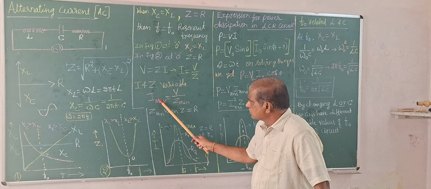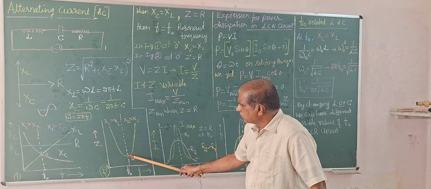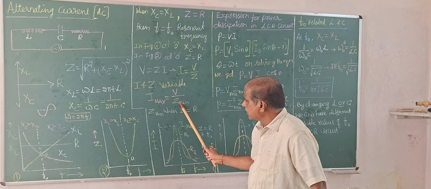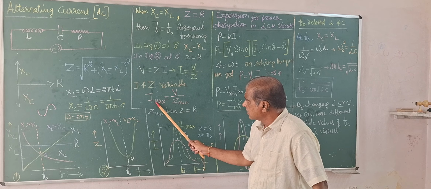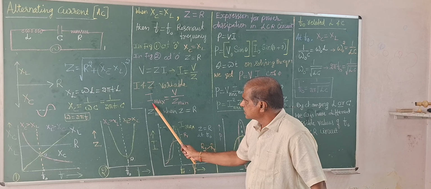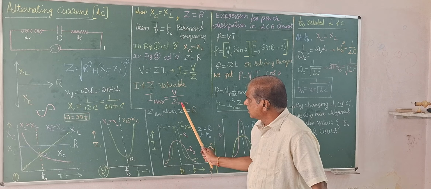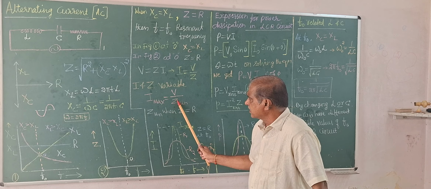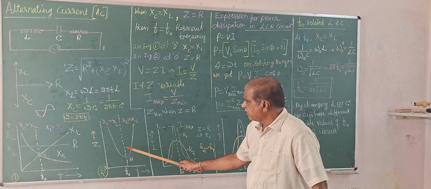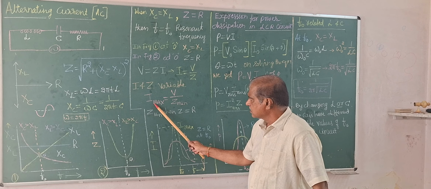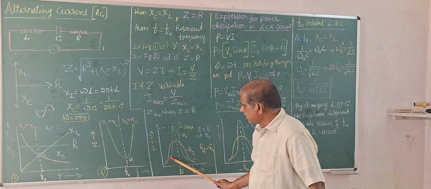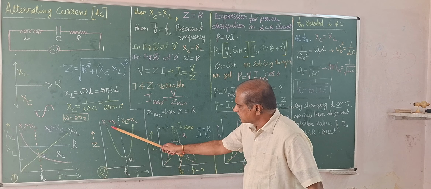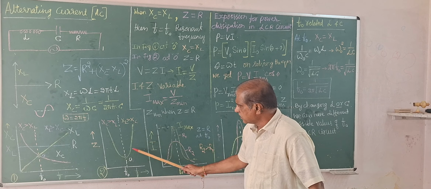The reason here, minimum resistance, maximum current. The relationship says that current and impedance are inversely related. Minimum becomes maximum for this. So exactly the graph is inverted like this. So inversion of this is this.